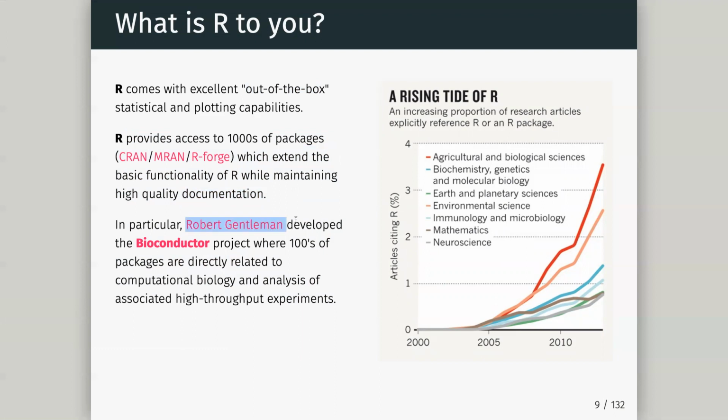Particularly great for us is Robert Gentleman, who was one of the founders, is a strong biologist. That is his background. So he was in Genentech and now 23andMe, I think somewhere else now. But he started a new project called Bioconductor, and Bioconductor specializes on biological data.